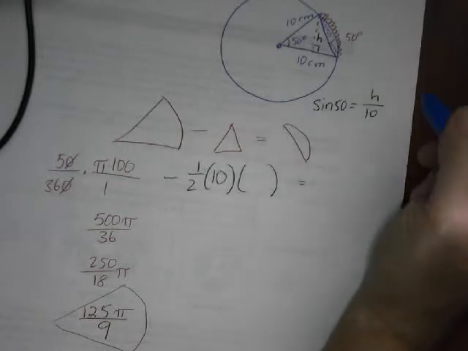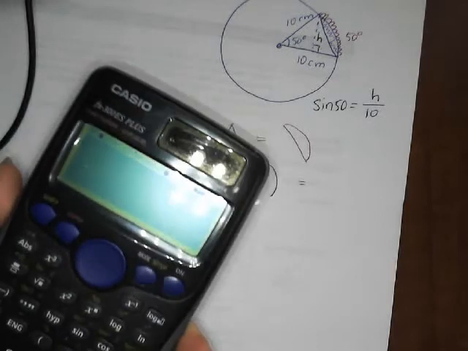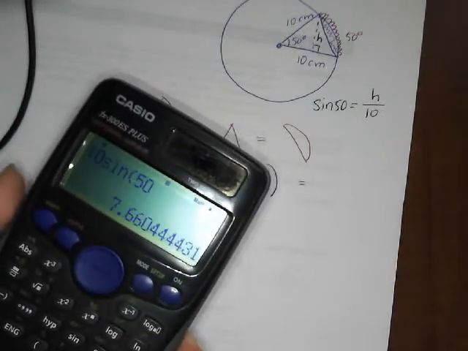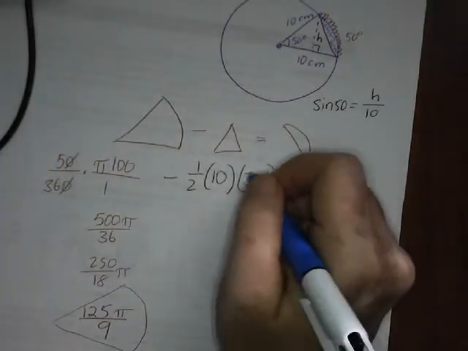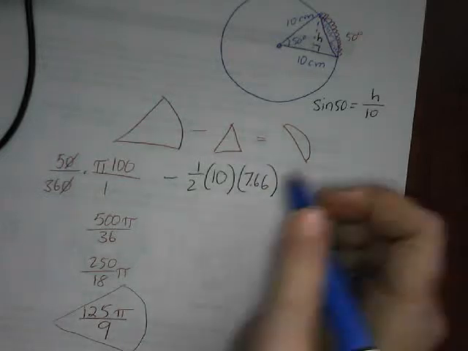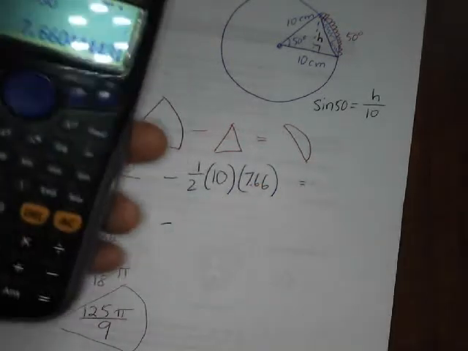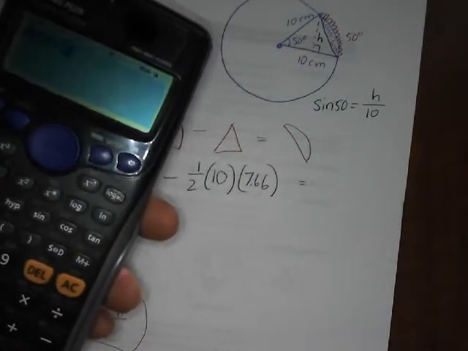So that'll be 10 sine of 50 in my calculator. Okay, so that's 7.66. So that's going to end up being 5 times 7.66. I'm just going to multiply it by 5 on my calculator.